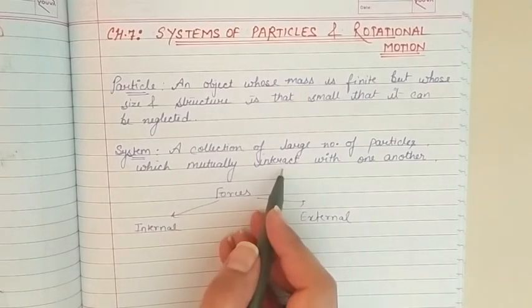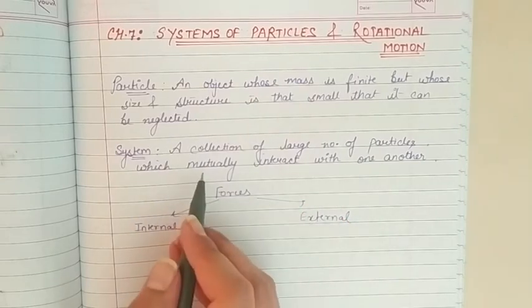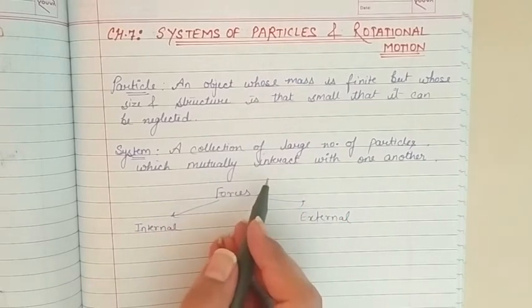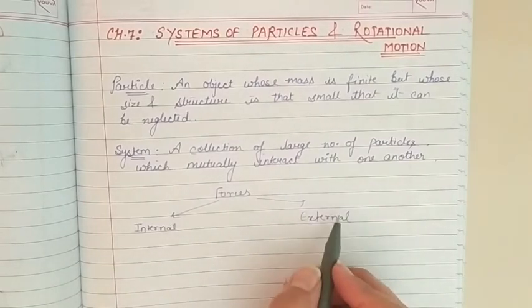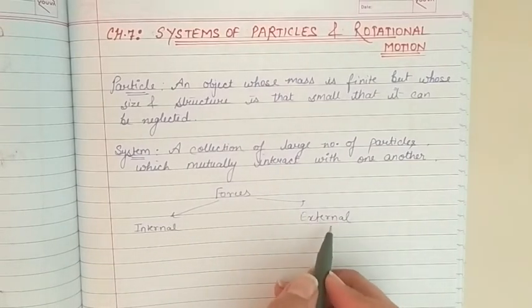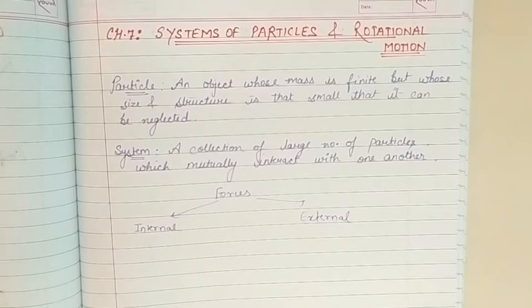Since they are mutually interacting, they are mutually applying force on one another. Those forces are called internal forces. While if an outside agency is applying some force to that system, and because of that its kinetic energy or its velocity is changing, then such a force is called an external force.